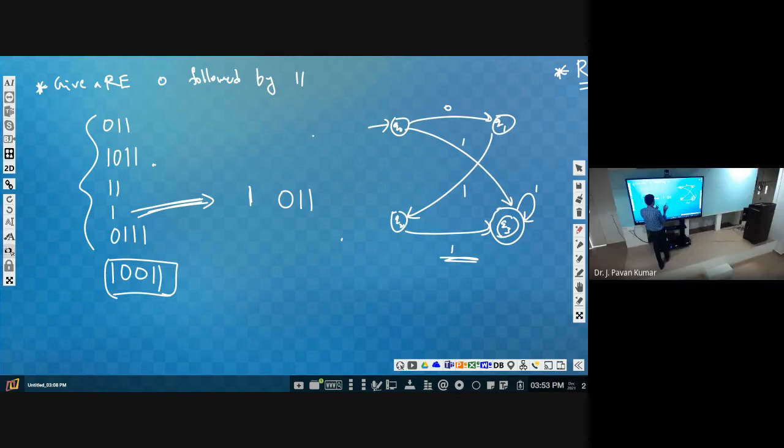Yes, sir. Now 1 can be independent. 1 can come any number of times. And 0 1 1 whole together can come any number of times. Yes or no? Yes, sir. With this information, can you complete it?